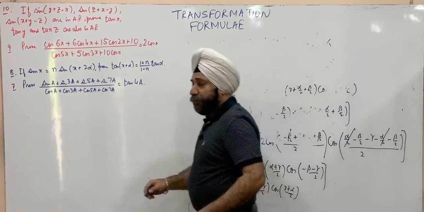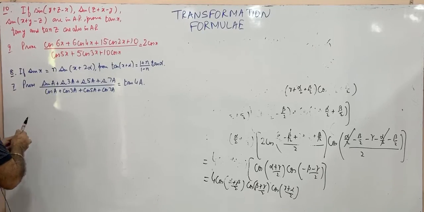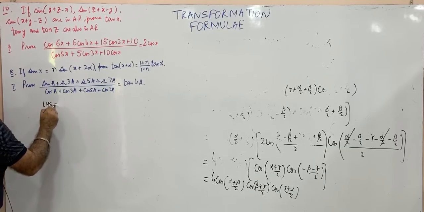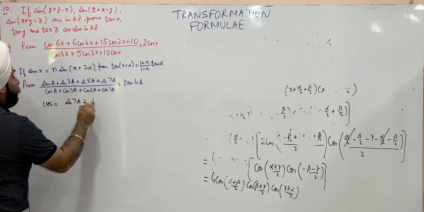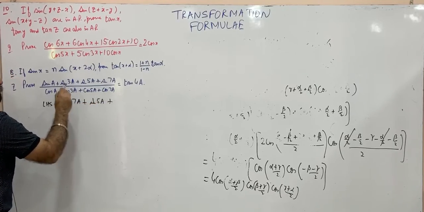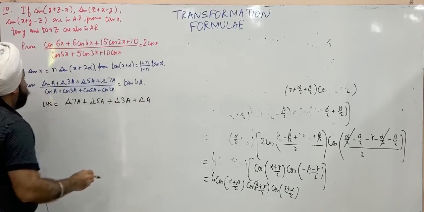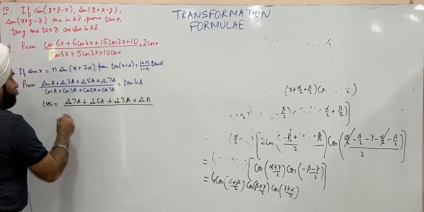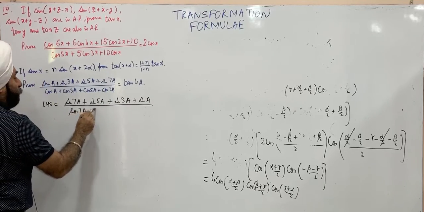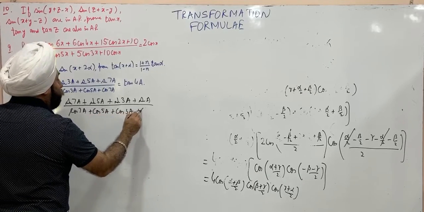So starting from left hand side, this is sin 7a plus sin 5a plus sin 3a plus sin a, writing the angles in descending order, over cos 7a plus cos 5a plus cos 3a plus cos a.